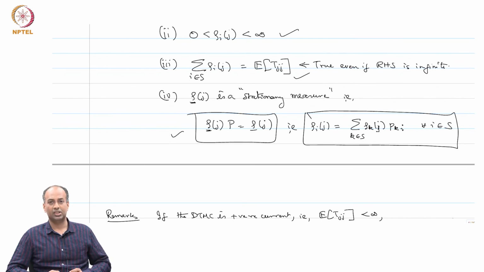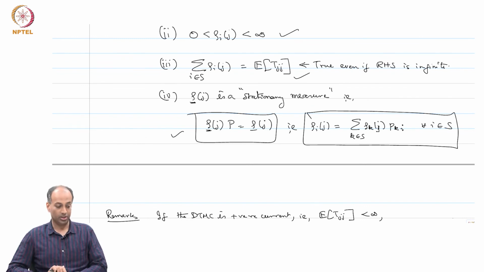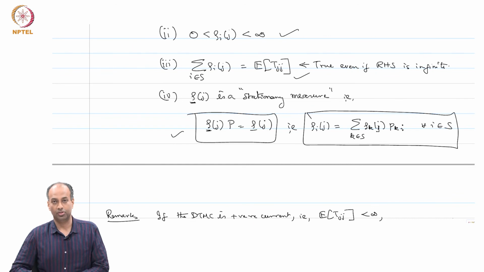Grimmett and Stirzaker show that xP equals x has a unique positive solution, unique up to a multiplicative constant, and if the sum over all these x_i is infinite, the chain is null recurrent, and if the sum over x_i is finite, the chain is positive recurrent, and you can construct a stationary distribution among states. All right, so I invite you to go through this in section 6.4 of Grimmett and Stirzaker. I will stop this module here.